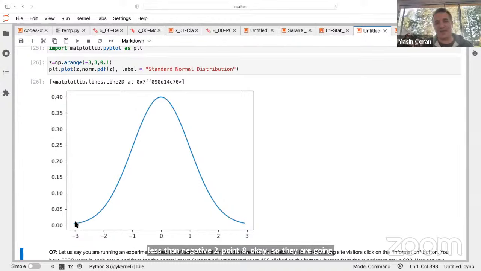It's going to be the area under this curve from -3 to -2.8.